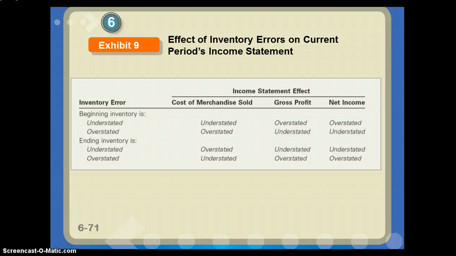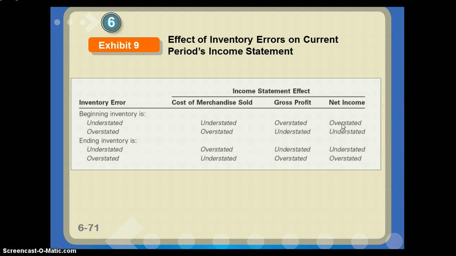So here is a very useful table to show the effect of inventory errors on the period's income statement. If we have our beginning inventory understated for any reason, that means our cost of merchandise sold is going to be understated. If we say we sold less than we did, it's going to make a higher gross profit. And then our net income is going to be overstated because gross profit affects net income.